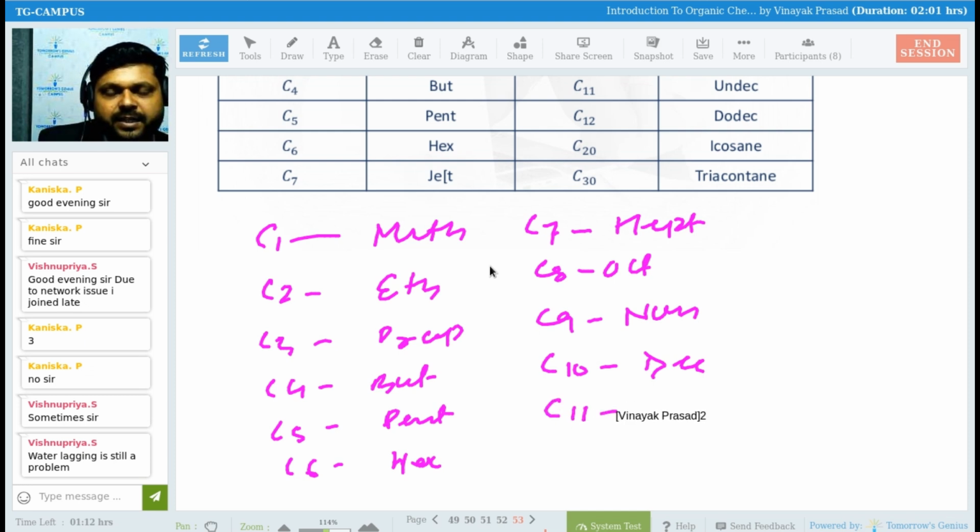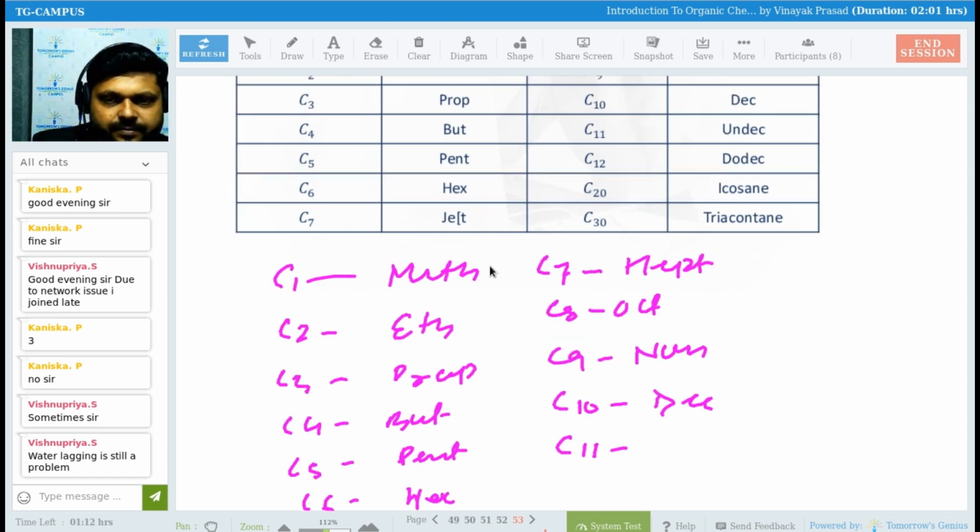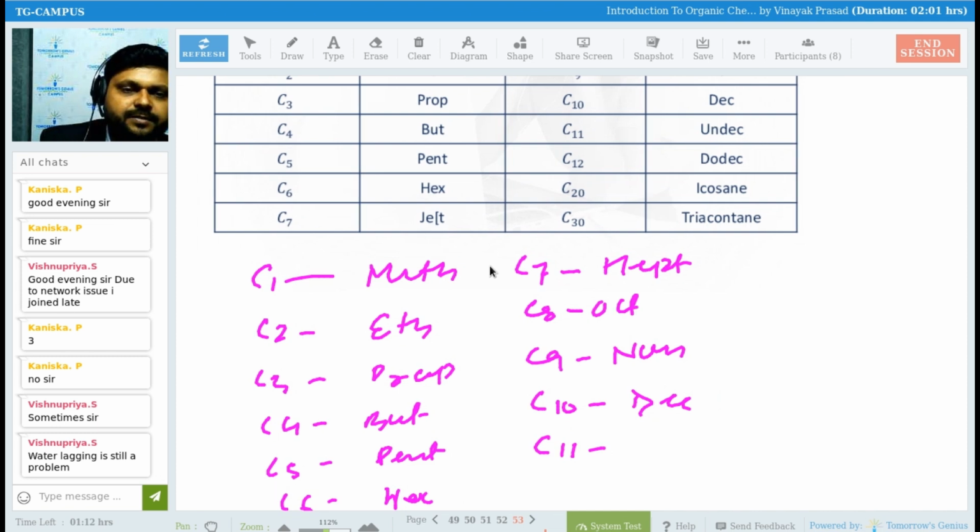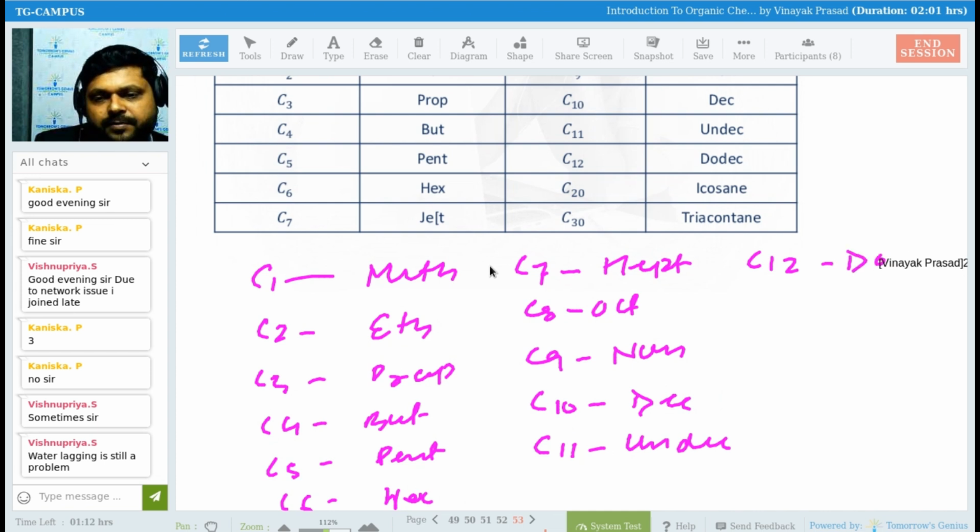11 carbon, undec. See here. Undec, right? 12 carbon, then dodec. 20 carbon, then icosane.